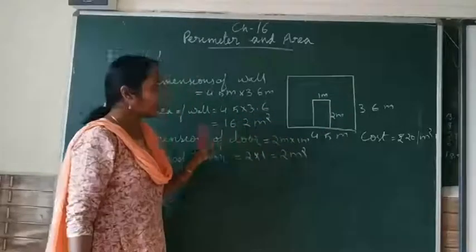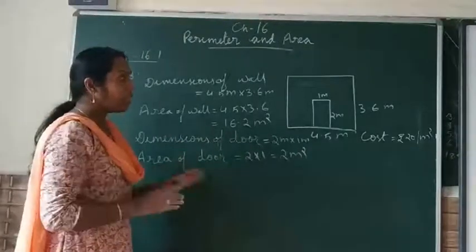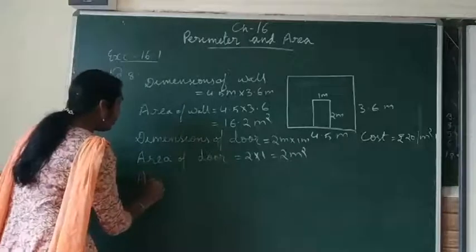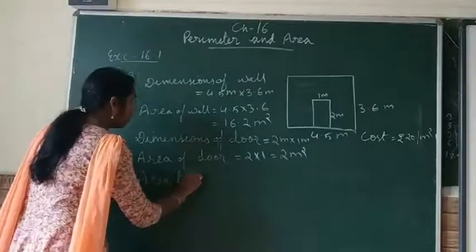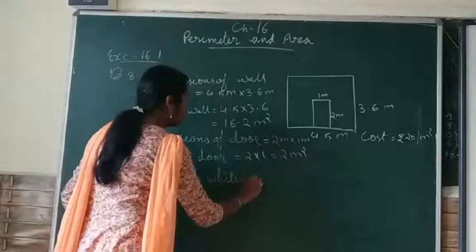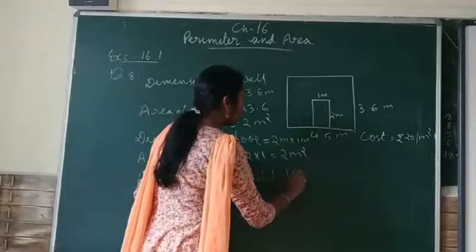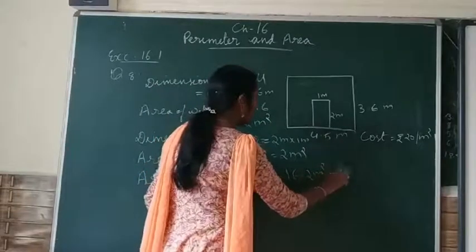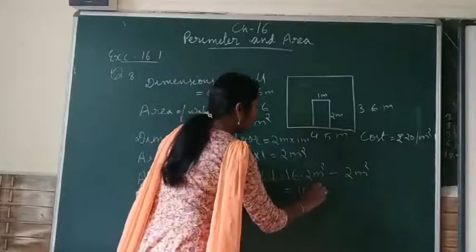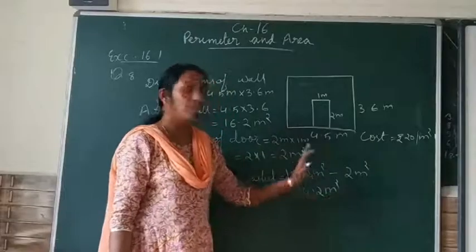Now we can obtain the area of wall in which the door is excluded. So we can write area to be whitewashed is equal to 16.2 meter square minus 2 meter square, that is equal to 14.2 meter square. So the area 14.2 meter square is only to be whitewashed.